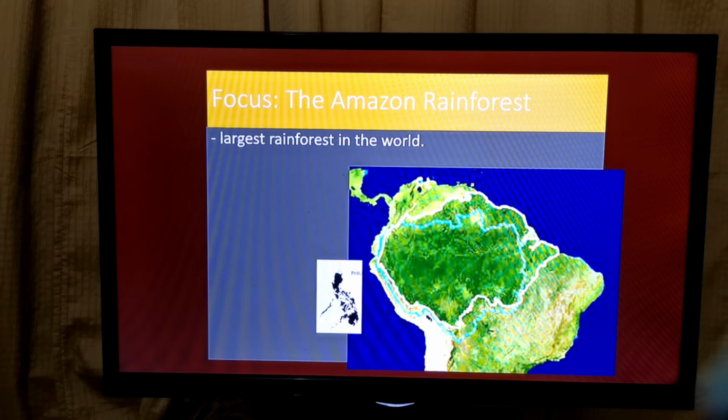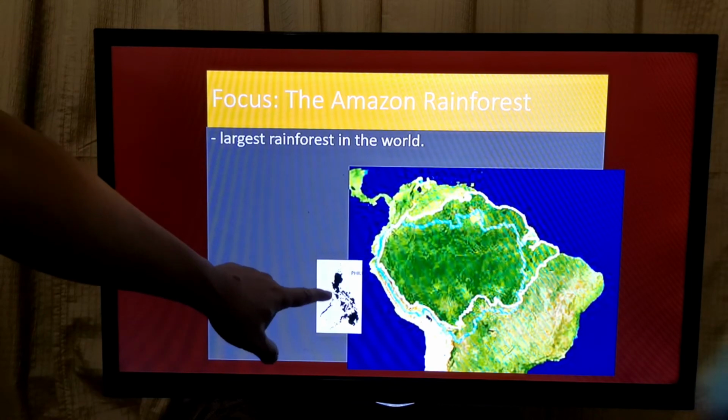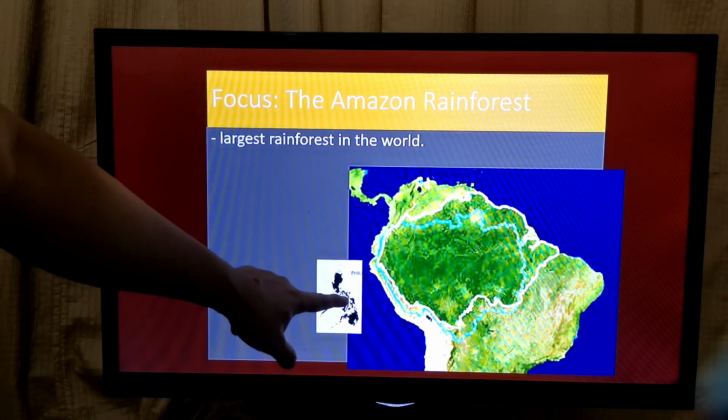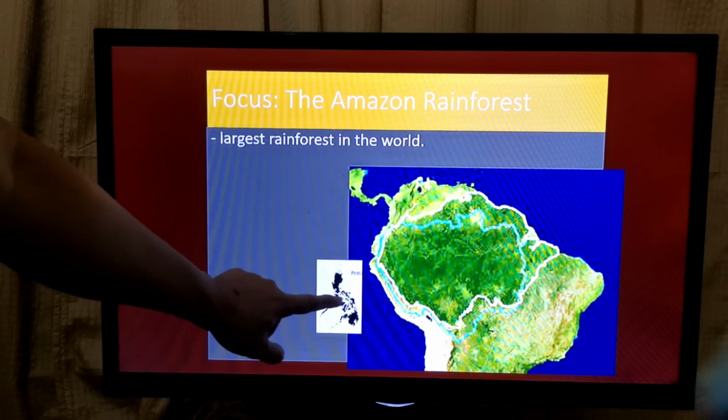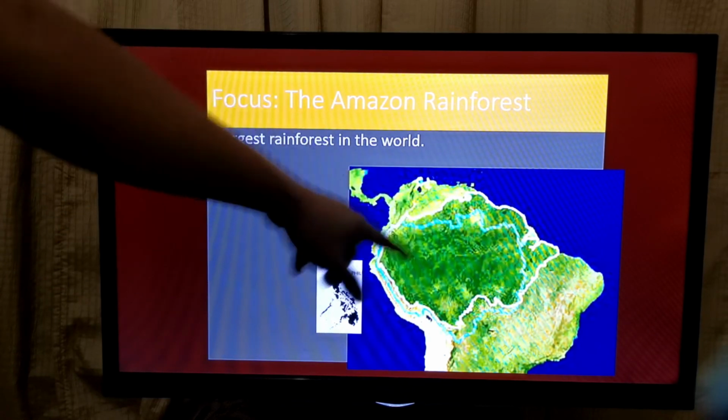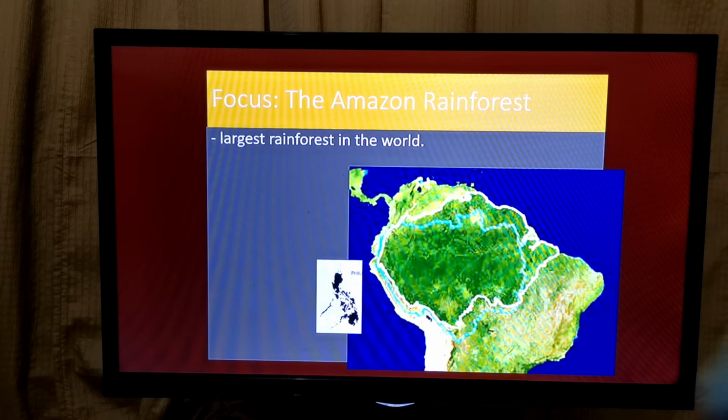You go to Manila, you see lots of buildings. Imagine all those land covered with trees. And all the waters in between our islands would be covered with trees. Times 5 or times 6, times 7. That's how big the Amazon rainforest is.